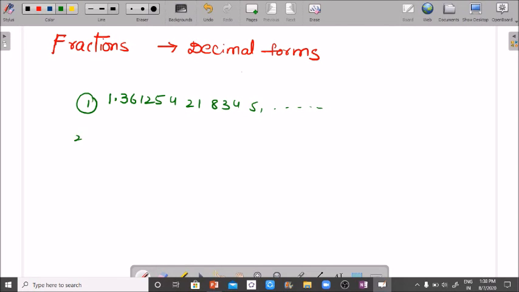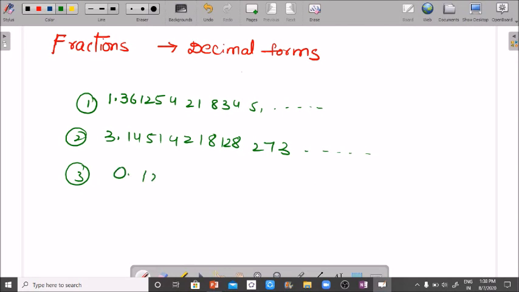Next, some numbers like 3.14514214818 73, these are not repeating decimals. Next, 0.121212221322 and so on.